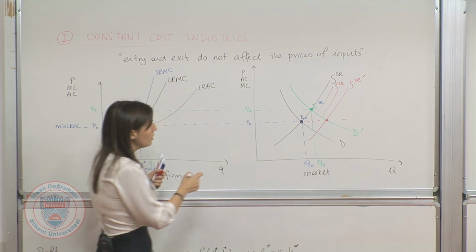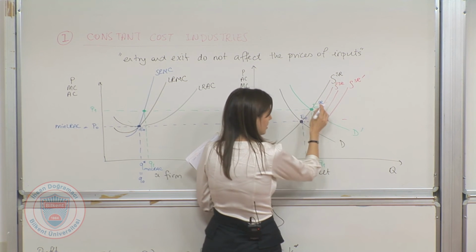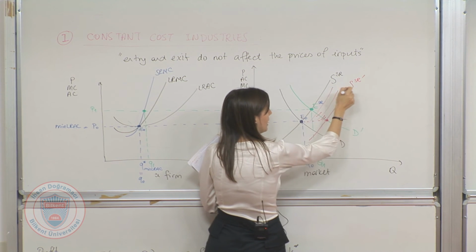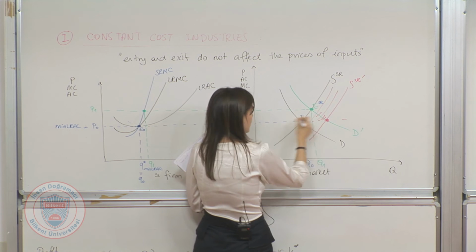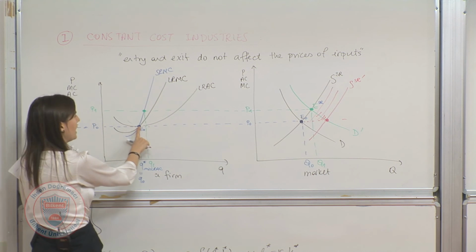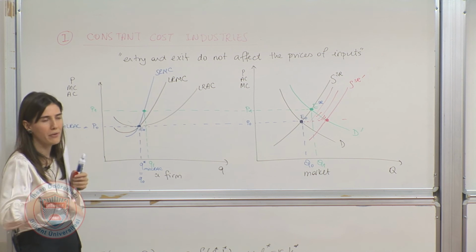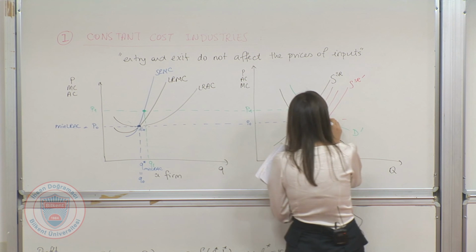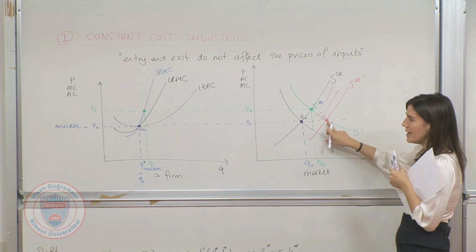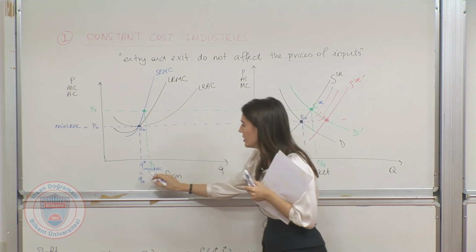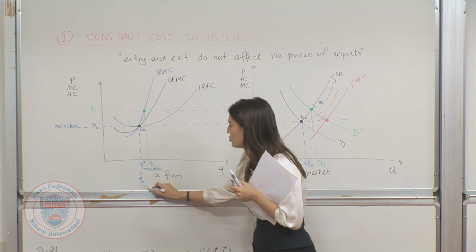So basically, they will keep on shifting, right? And then they will end up when price is equal to P0, because we know that price is down again to this level, then there is zero profit, so no firms will enter, right? So this is basically the case. So do you think this guy is, so I go back in here, and then this is, let's call it Q2, okay?